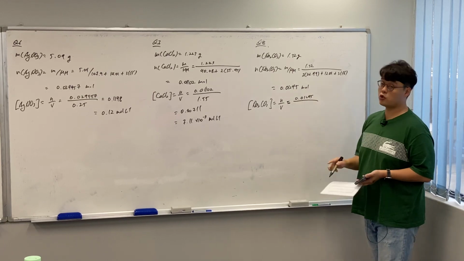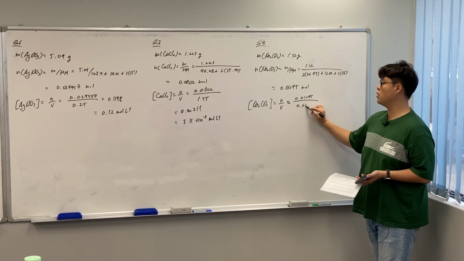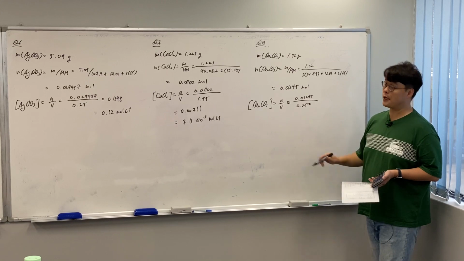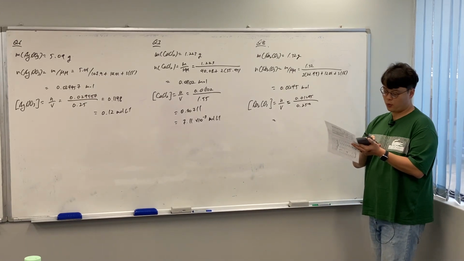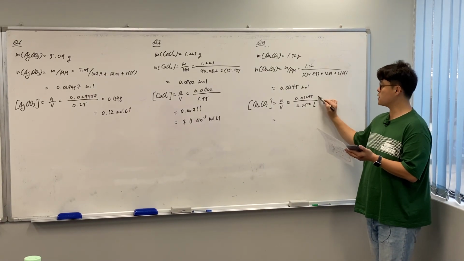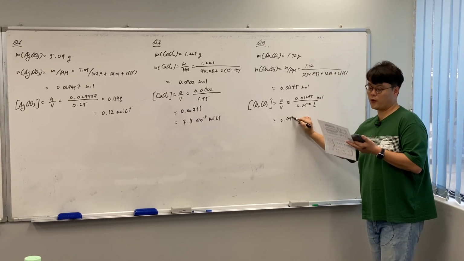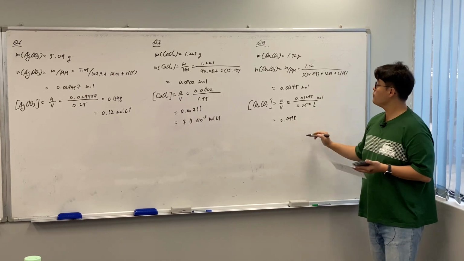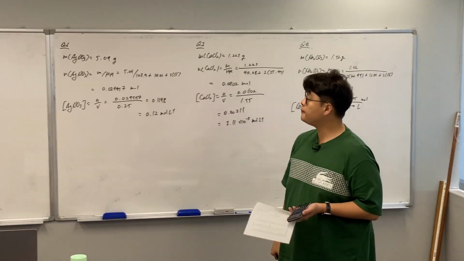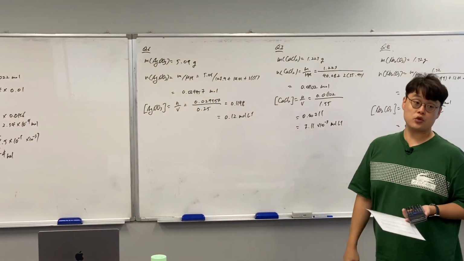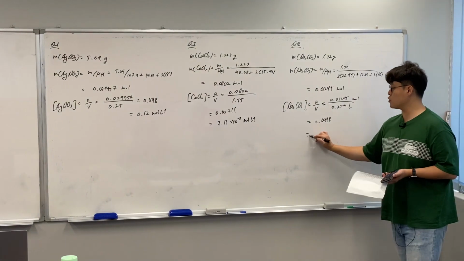So 0.01245 divided by 250 mL, equivalent to 0.250 liter. That divided by 0.25, in liters, you get 0.0498 mole per liter. Sig figs: are we given 3 and 2? 250 is 2 sig figs, so fix that into 2 sig figs.